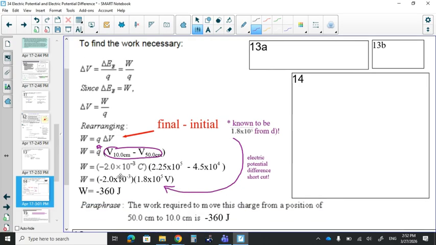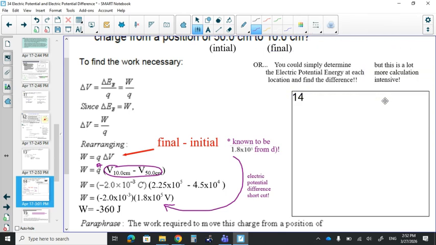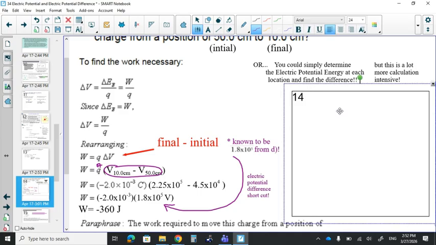So if you did it, well, I guess it's just kind of weird to have this again here and then again in part D is why I thought that was kind of weird they did that way. I want to point out that you could, of course, just calculate the electric potential energy that there is at each spot and subtract them, right?